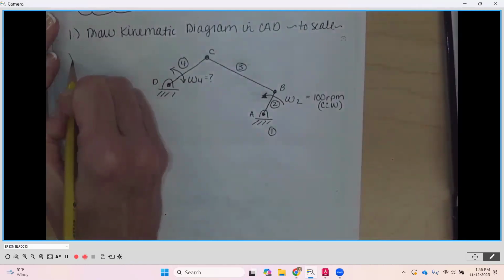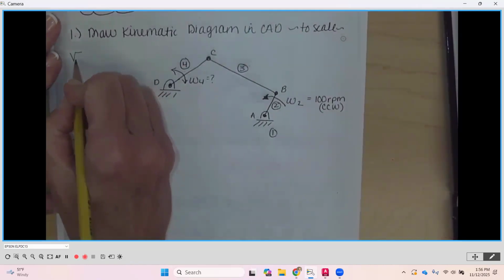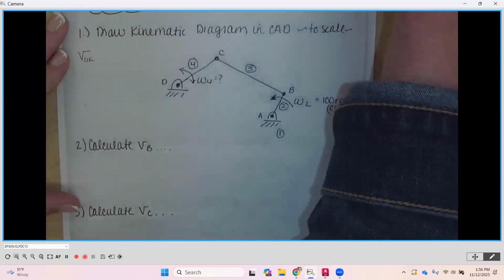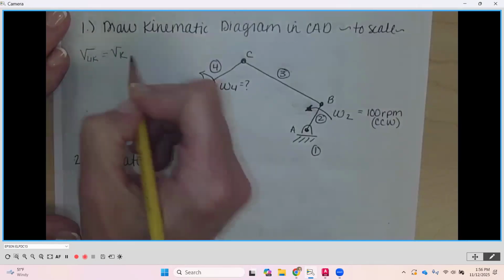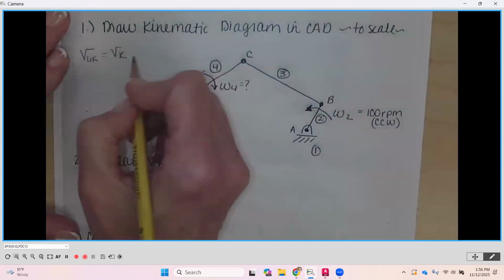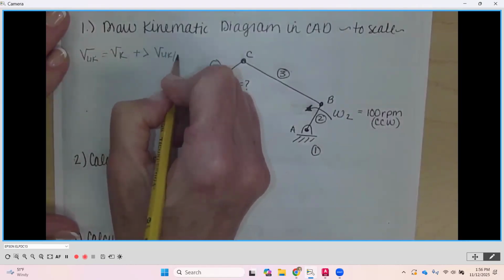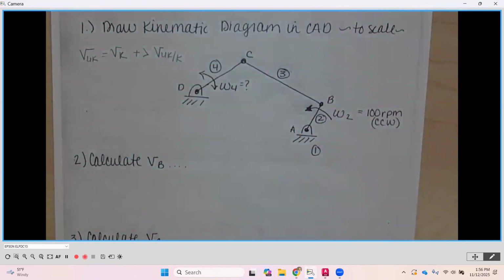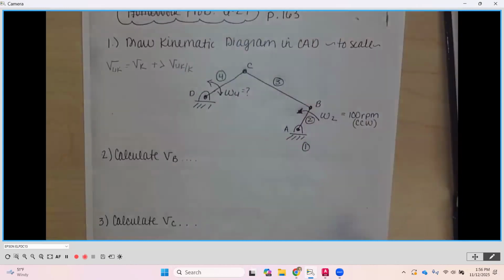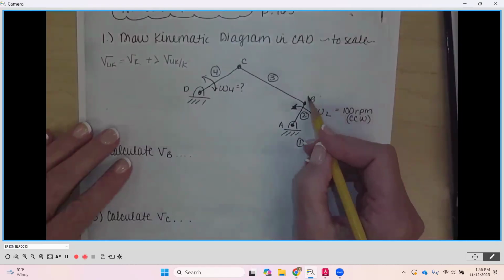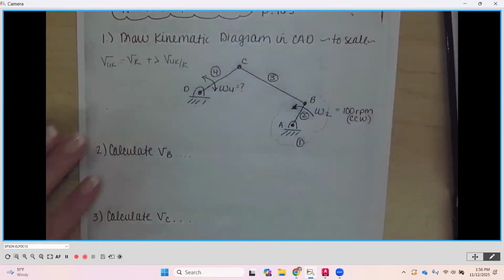So we know that it's going to be the velocity of the unknown. So I'm going to put UK is going to be equal to the velocity of the known, which is K, plus vectorially the velocity of the unknown relative to the known. Now, right now, when we look here, the place we know the most information about is here at link number 2, right?